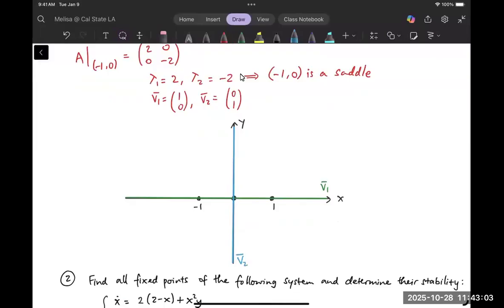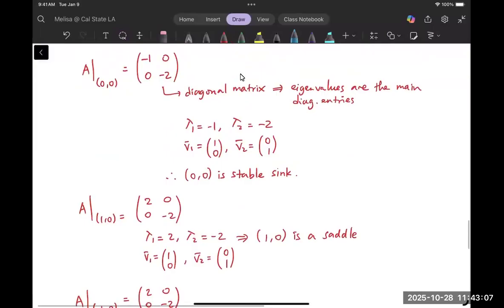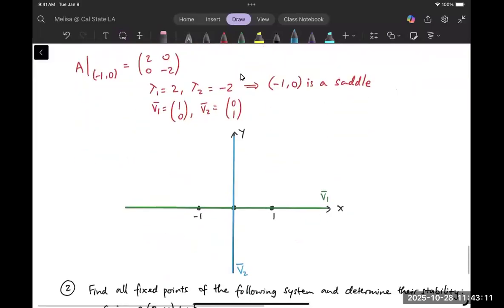For the first one, both lambdas are negative and 0, 0 is stable. So that means the flow is pointing towards the origin.